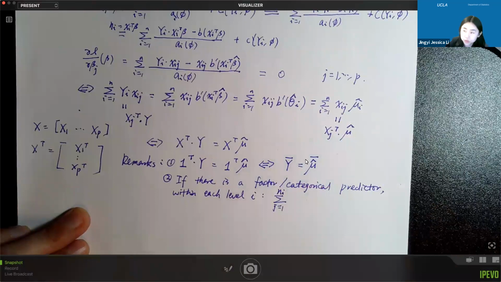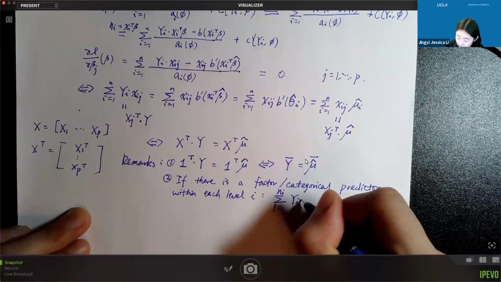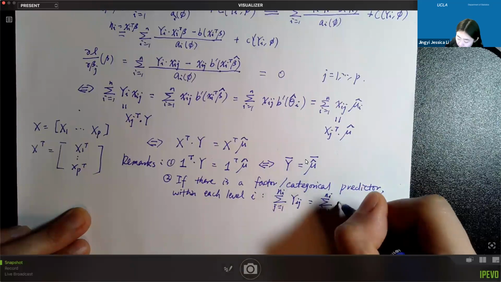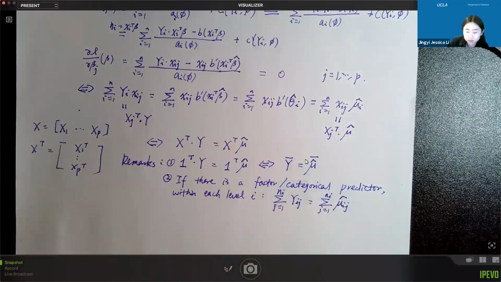This is the notation we used before, n_i is the number of observations in level i. The sum over j from 1 to n_i of y_ij equals the sum over j from 1 to n_i of mu_ij hat. So we also have the within-group property. Okay, so that's the property I want to introduce here.